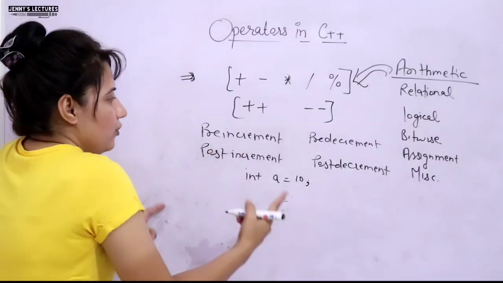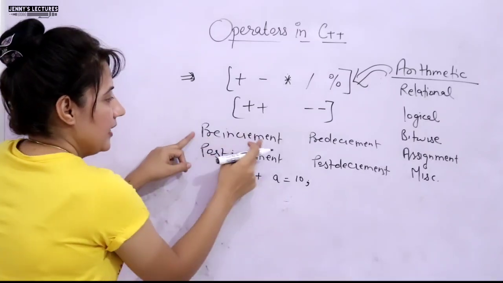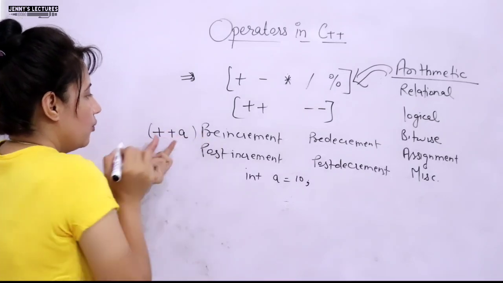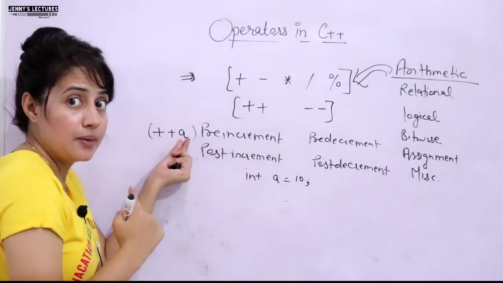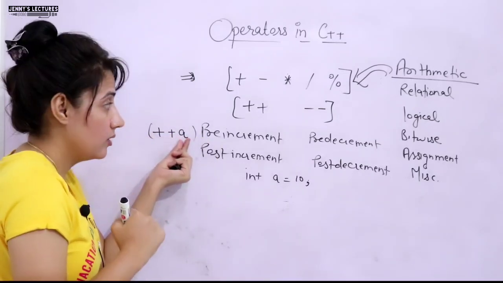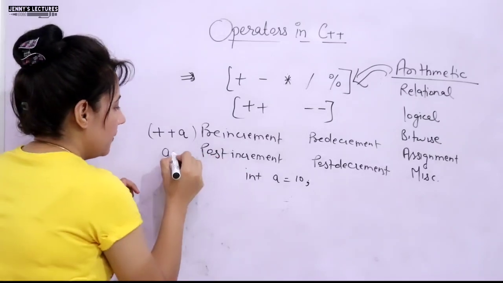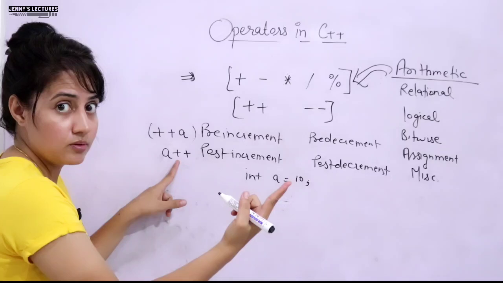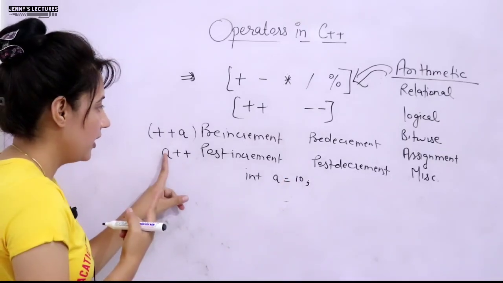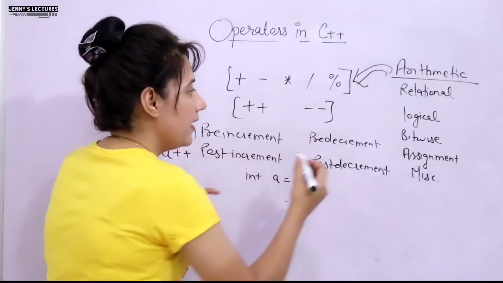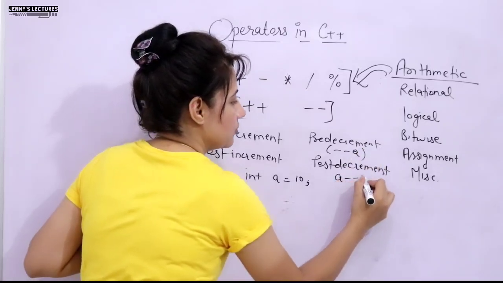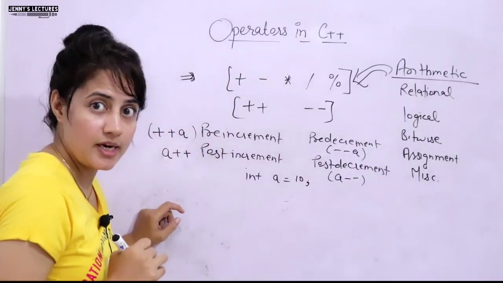Pre-increment means plus plus a, pre meaning before. Post-increment means a plus plus, post meaning after, so the operator would be after the operand. Pre-decrement means minus minus a, post-decrement means a minus minus.